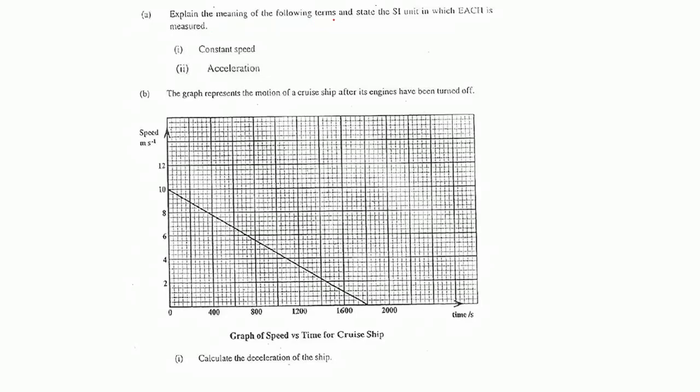Explain the meaning of the following terms and state the SI unit in which each is measured. Okay, so constant speed. So speed is simply the rate of change of distance, and when we say constant speed, it means that the speed is not changing, and the SI unit is meters per second, or it can be written as m/s.